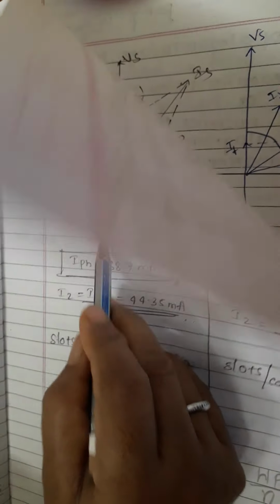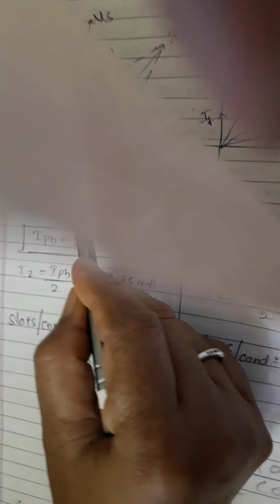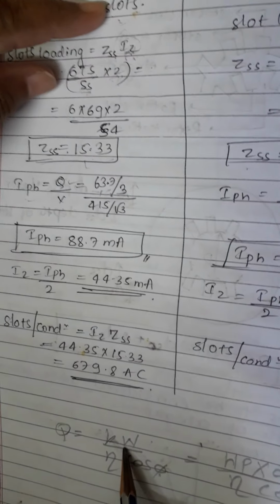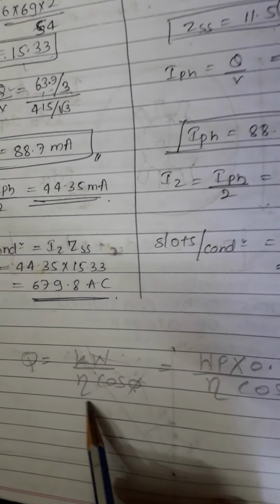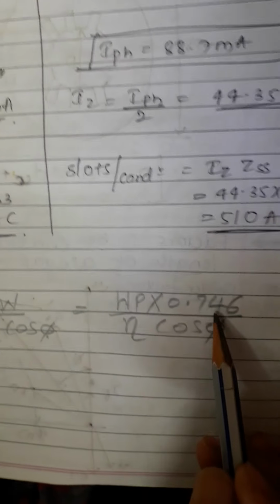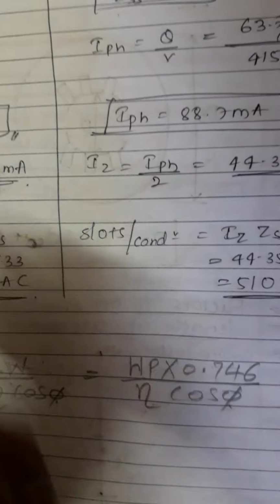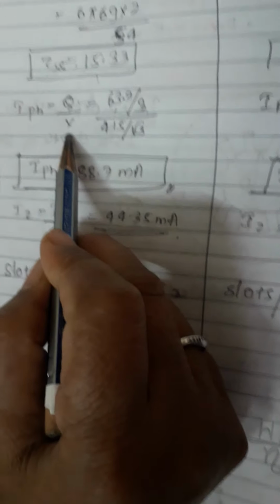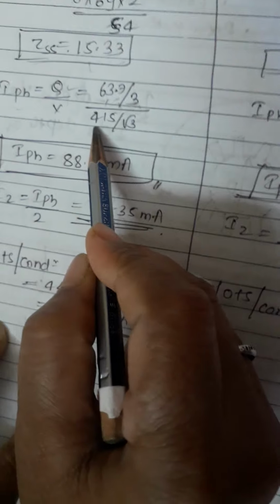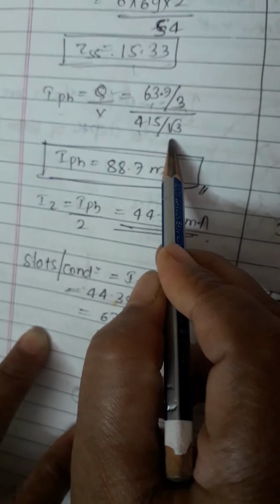Now IPH is Q upon V. We know how to find Q. The Q formula is kW upon efficiency into cos phi, or if it is HP, then HP into 0.746 upon eta cos phi, where eta is efficiency. So Q we have calculated, divided by V, and since it is star connected, divided by root 3.